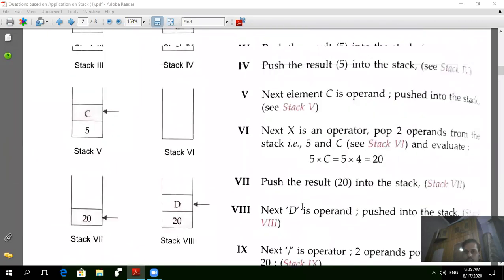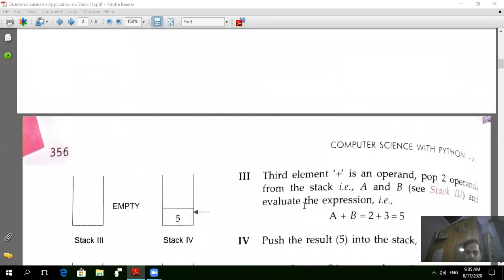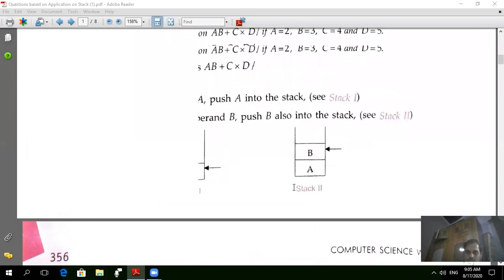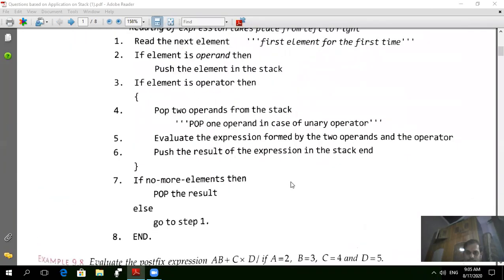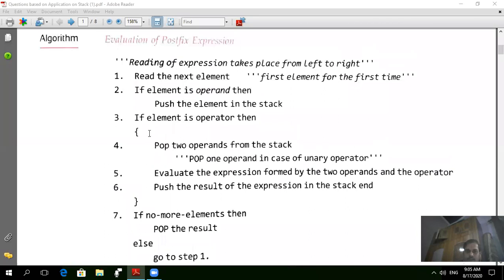Now you have to look at this algorithm, evaluation of postfix expression. This is the comment part. Triple quotes are given, that means it is a comment part. Reading of the expression takes place from left to right.